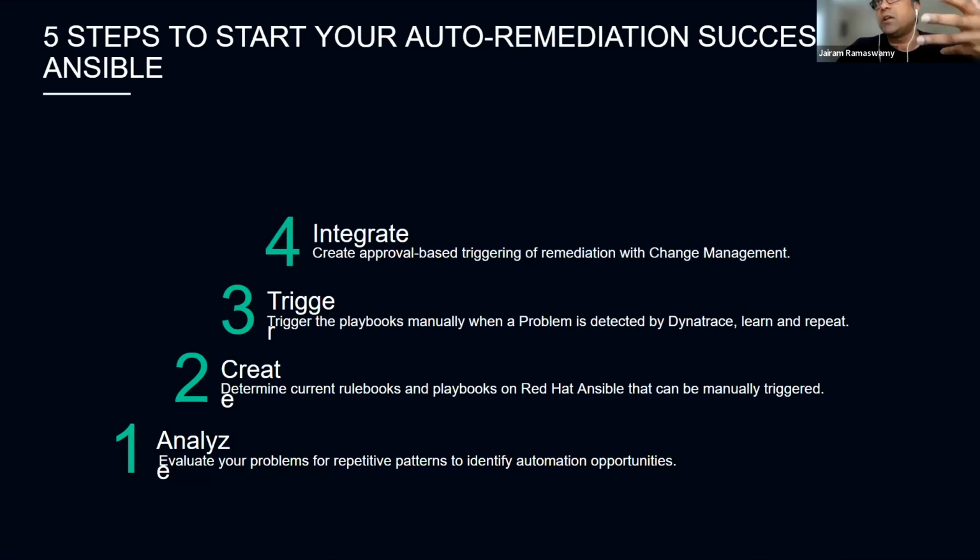And you can create approval-based triggering of remediation with change management, whether you use ServiceNow or Jira, whatever tool you use for change management. Let's say you don't have the confidence initially. "Hey, I'm not sure if I'm going to give access to the server." There's a lot of that pushback. "I don't know if we should give automatic access for auto remediation. Let's base it on an approval."